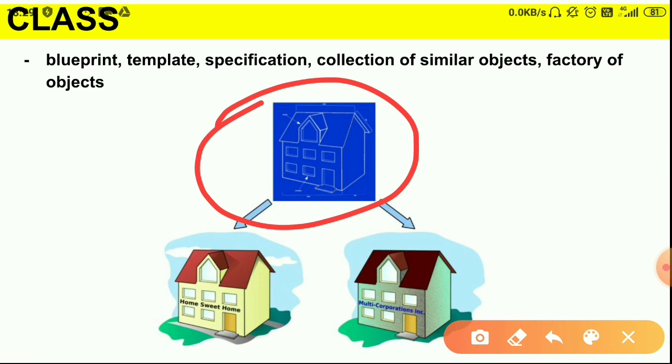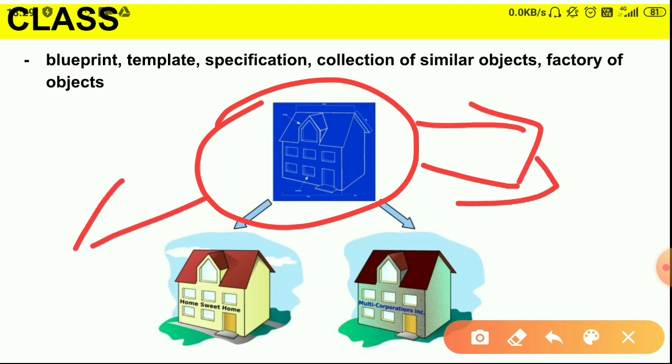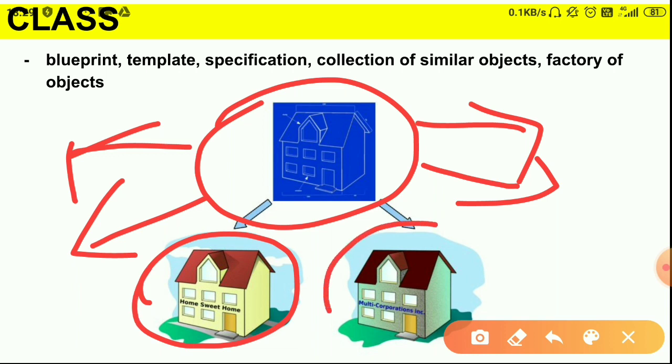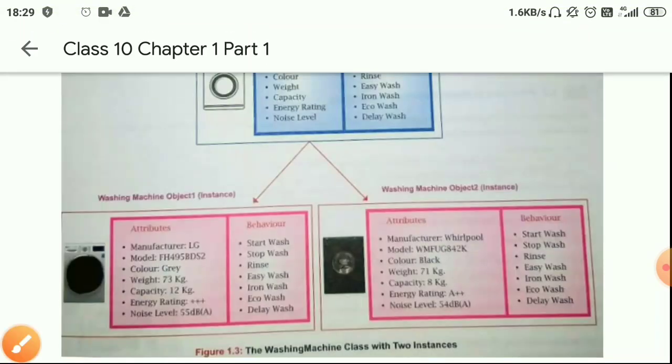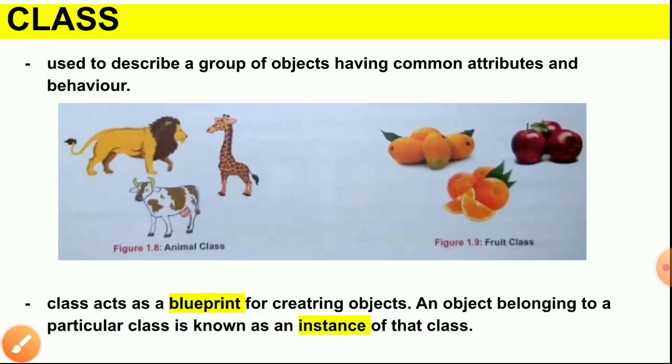From this blueprint you can create as many objects as you like, okay? So here we have created two objects of type house. This is our house 1, we can say this is our house 2, okay? So that is what is meant by blueprint.